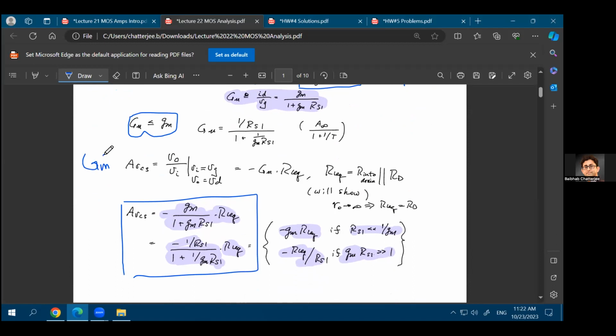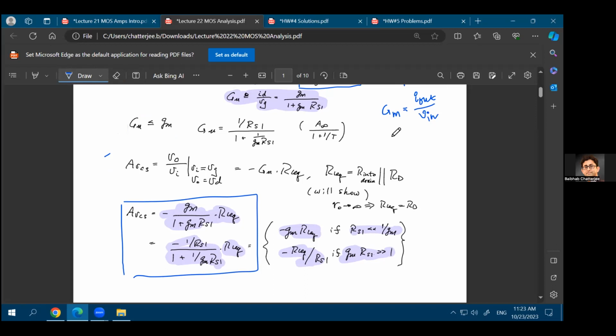Transconductance of the entire system is basically current output of the entire system divided by, let me write it in a different place because there's not much space over here. So I'll write it over here, that capital Gm is equal to AC current output of the entire system divided by AC voltage input of the entire system.